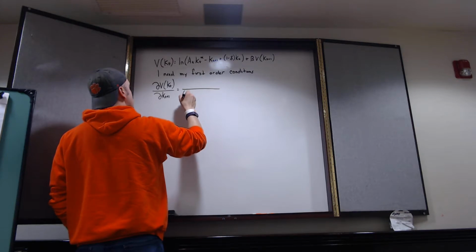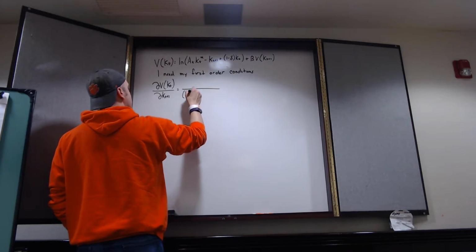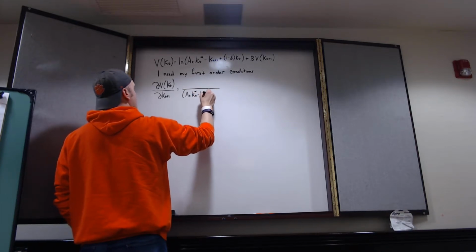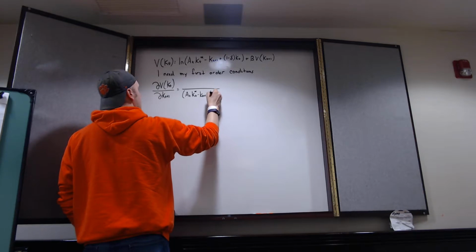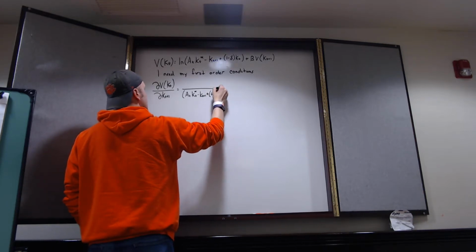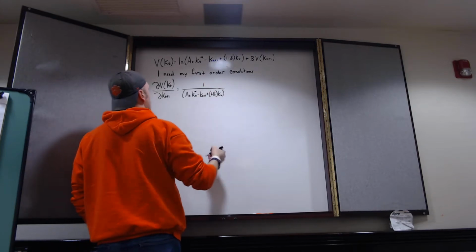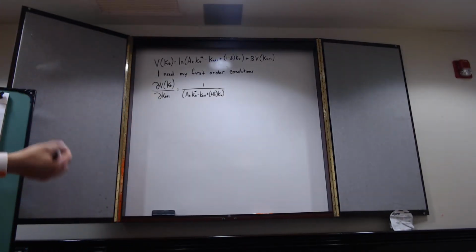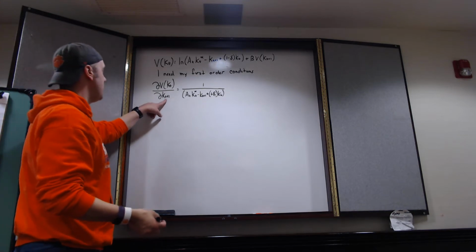So the derivative of the natural log of stuff is 1 over that stuff times the derivative of what that stuff is with respect to the variable of interest. The variable of interest here is kt plus 1.